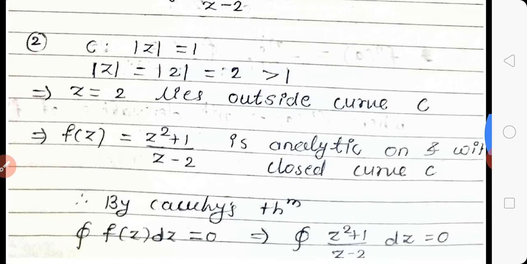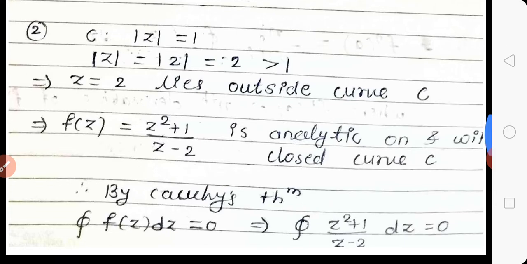Here, does z equal to 2 lie inside or outside the curve C? If we put z is equal to 2, we get mod of 2 is 2, and 2 is greater than 1.